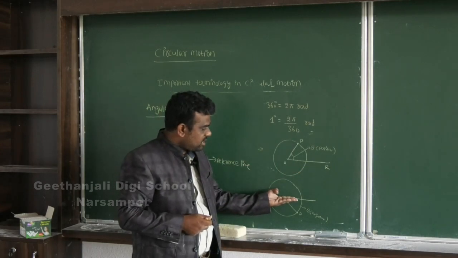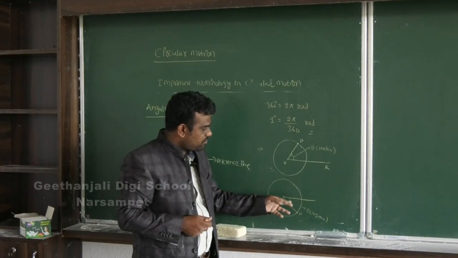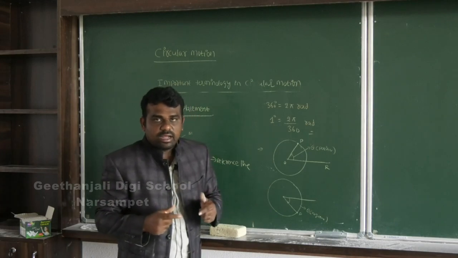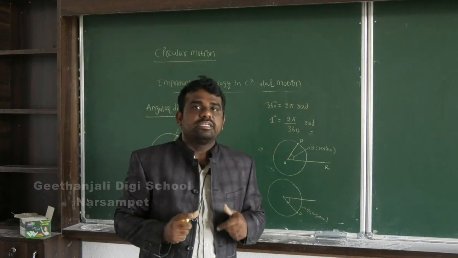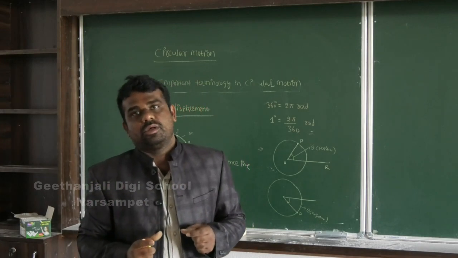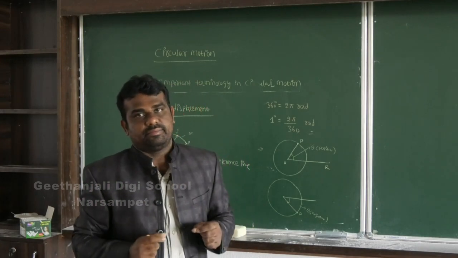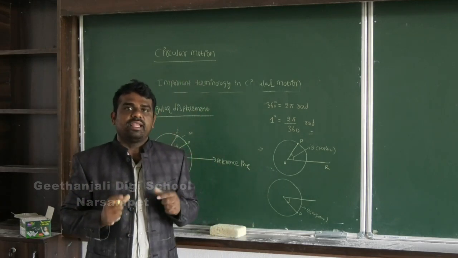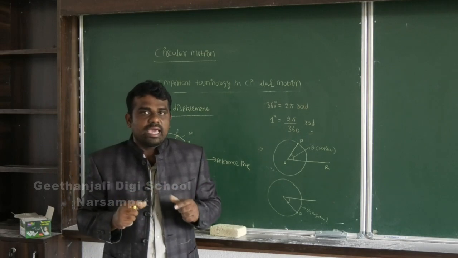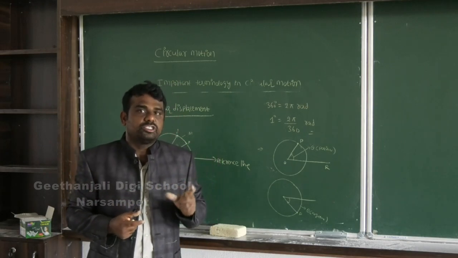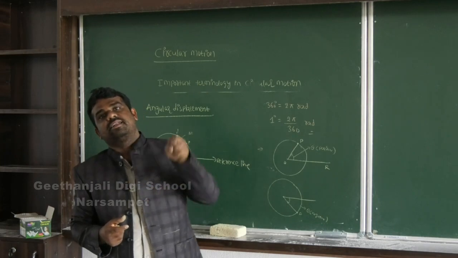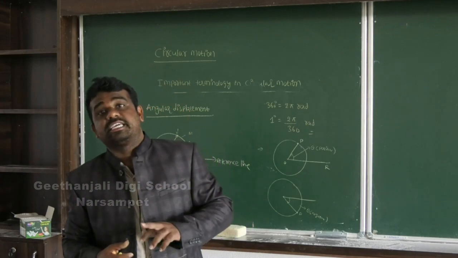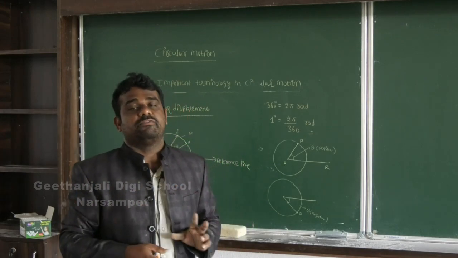If the angle is measured in the clockwise direction from the reference line, that is taken as negative. To get the total angular displacement, we have to add these positive and negative angular displacements. The algebraic sum of the positive and negative angular displacements gives the net angular displacement of a particle.